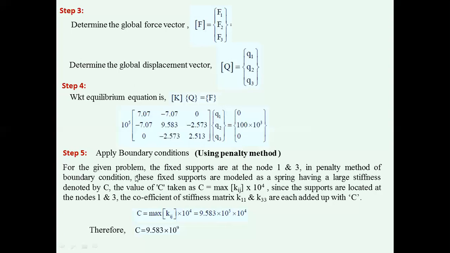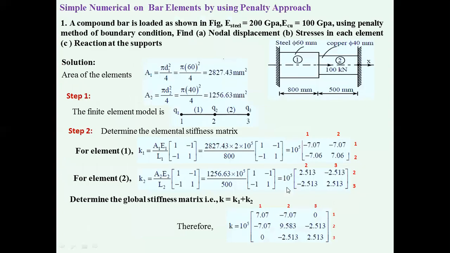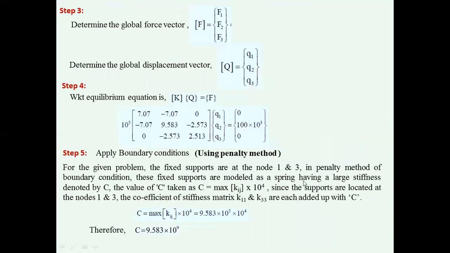For the given problem, the fixed supports are at nodes 1 and 3. So in penalty method of boundary condition, these fixed supports are modeled as a spring having a large stiffness of C. The value of C is taken as the maximum of K of Ij into 10 to the power of 1.